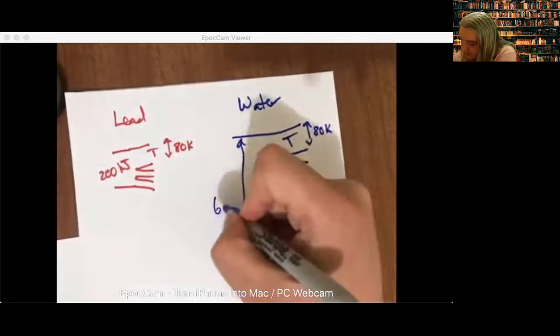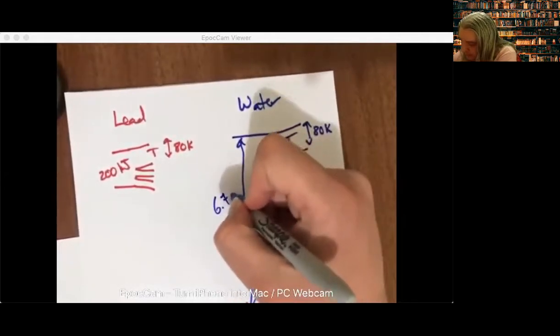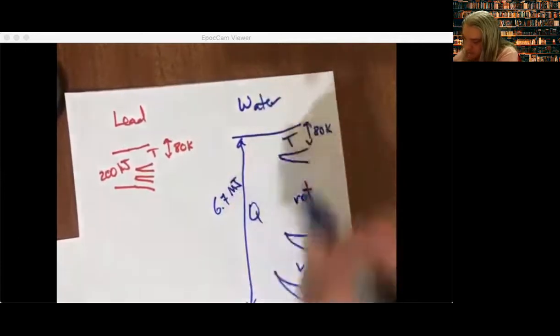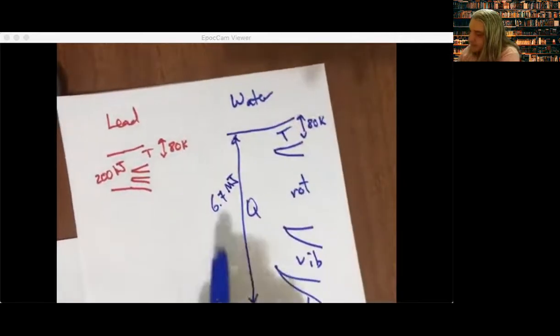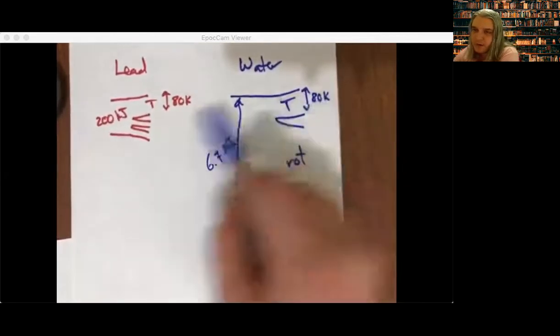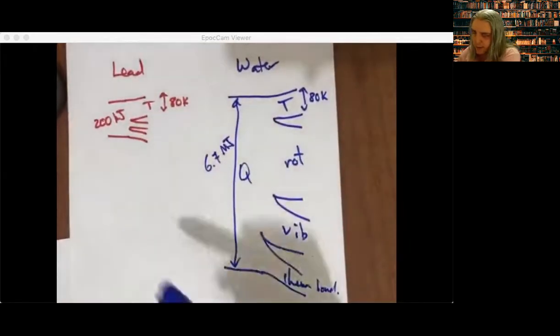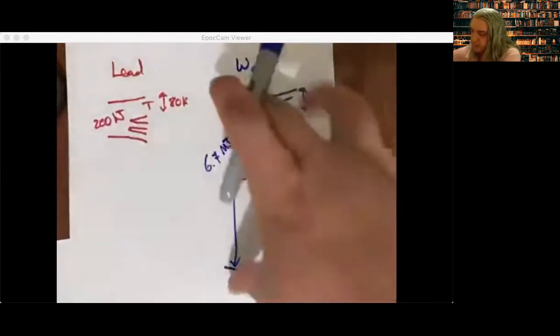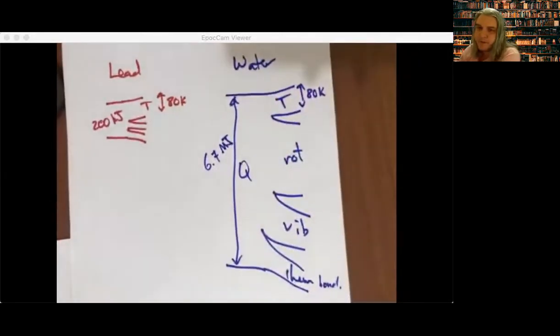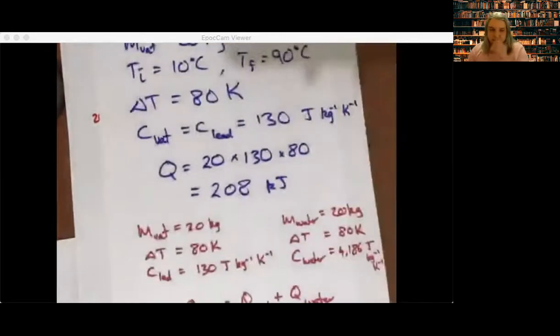And in this case, it was 6.7 megajoules. So you needed 6.7 megajoules to get an 80 Kelvin rise out of water, and you only needed 200 kilojoules to get an 80 Kelvin rise out of lead, because lead puts a lot of it into temperature, whereas water only puts a little bit into temperature. So hopefully that makes a bit of sense, helps reinforce those ideas of specific heat capacities and what's actually going on in the system. But that is the first question.